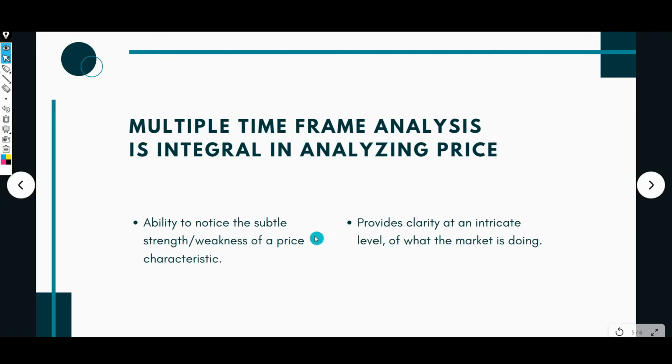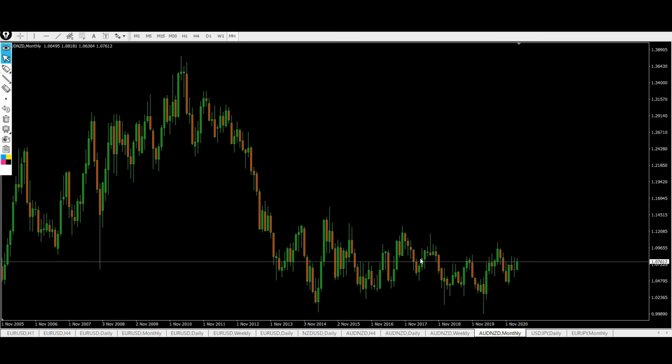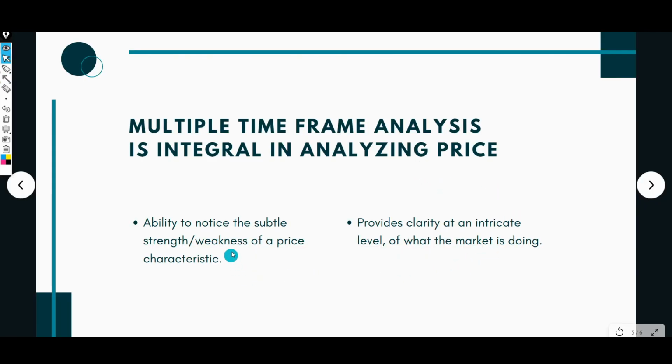Moreover, multiple time frame analysis provides clarity at an intricate level of what the market is doing, right? So we learned that actually there's a lot of strength up right here. And we also learned that this range right here has a slight bias down in strength, right? Okay, so for these reasons, multiple time frame analysis is integral in analyzing price.